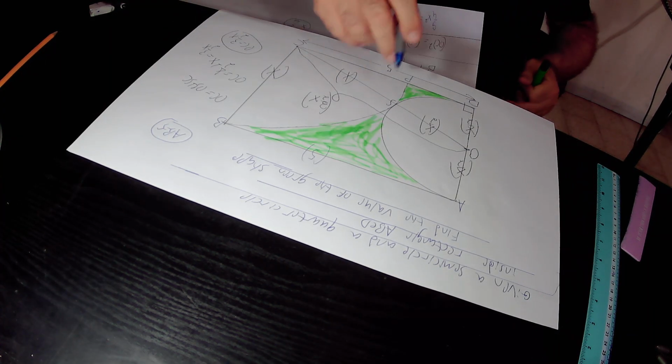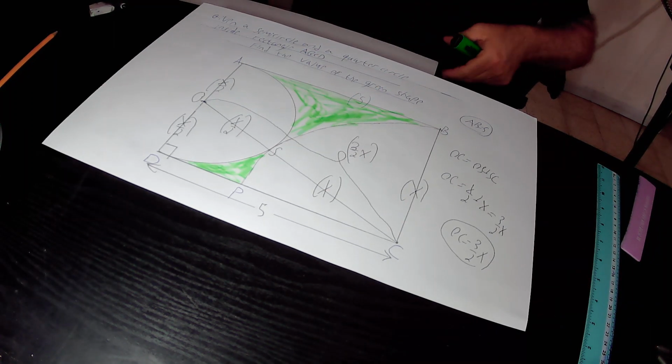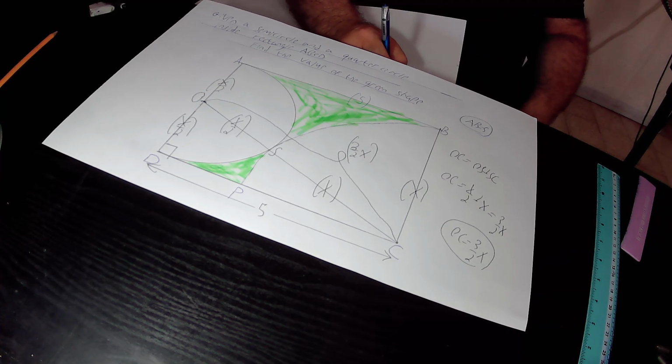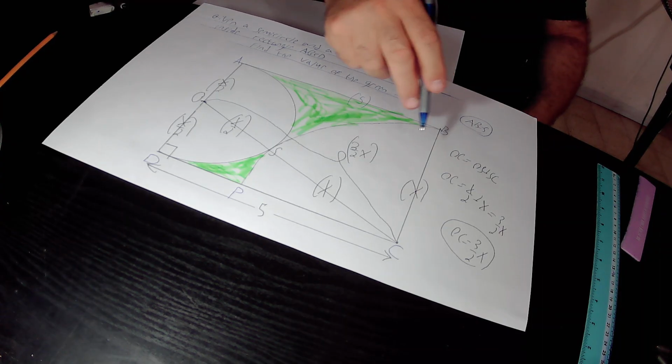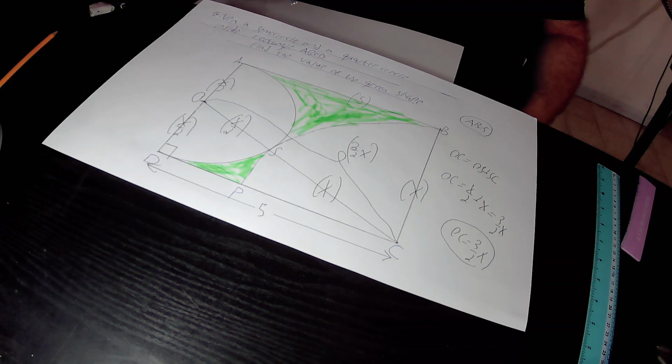Our mission is to find out the area of this green shape. So what is the area of the green shape? The area of the green shape equals to the area of rectangle ABCD minus the area of this semicircle minus the area of this quarter circle.